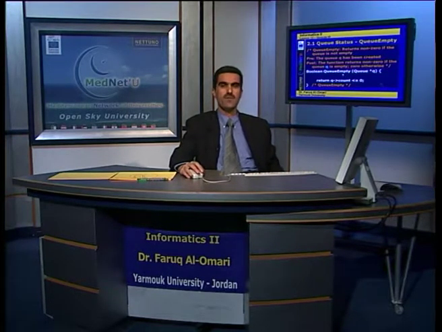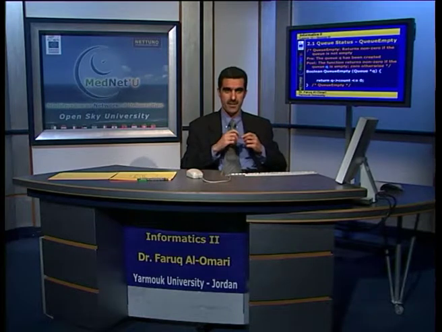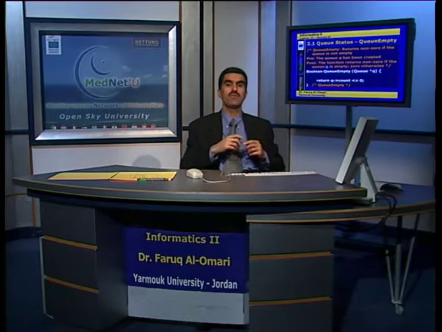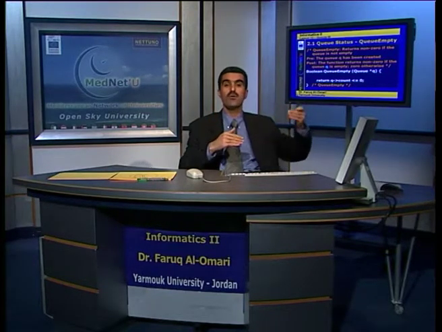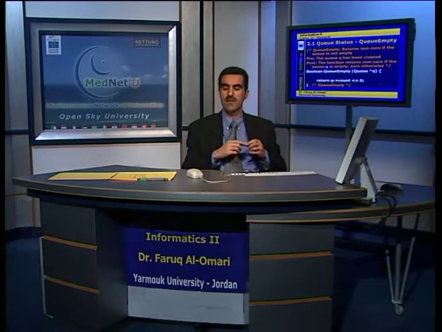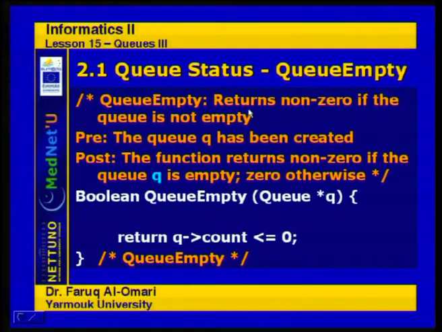Okay, the second function we want to talk about. The queue is already created, and it could have some entries inside it. And I want to check now whether the queue is empty or not. Remember that the solution we adopted is number 2, where I have this entry called count, which always tells me the number of entries that I have. This function, queue empty, returns a non-zero value, 1, if the queue is empty.